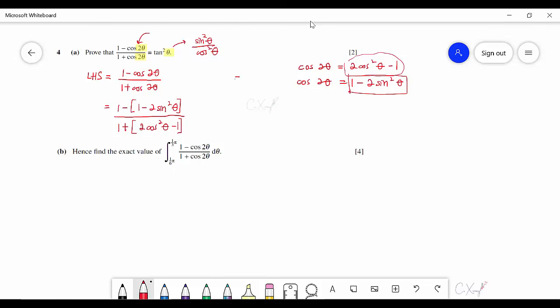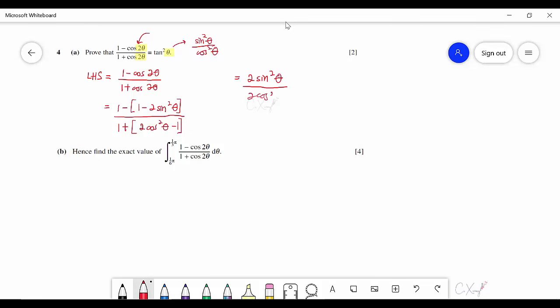If you further simplify it, you will see that you have 2 sine square theta divided by 2 cos square theta. Of course, the 2 and 2 can be cancelled off with each other. After that, what you have here is sine square divided by cos square. And this is how you get tangent square theta.